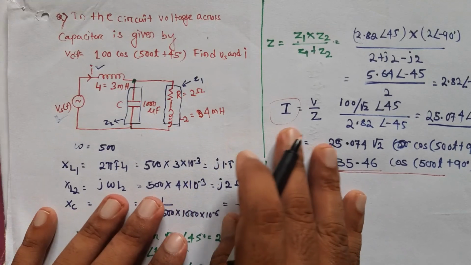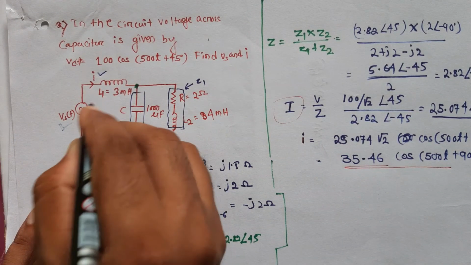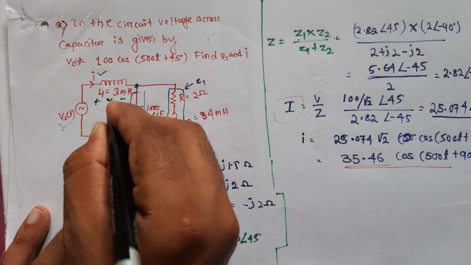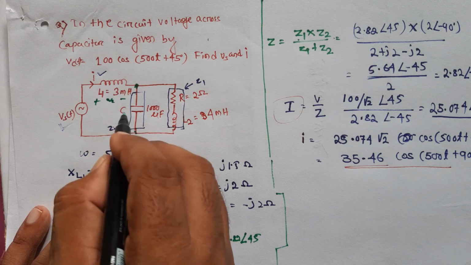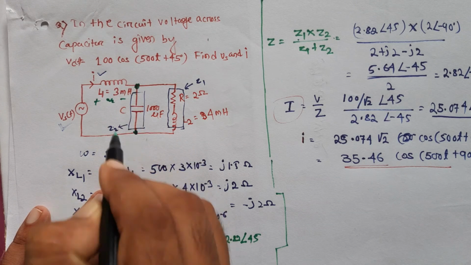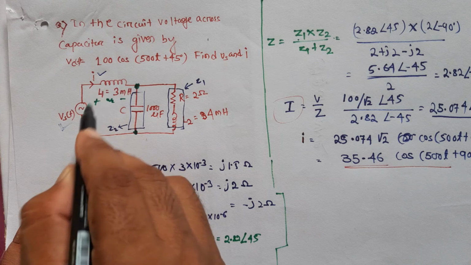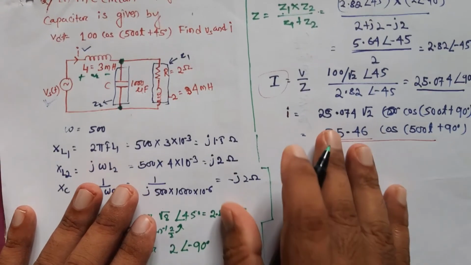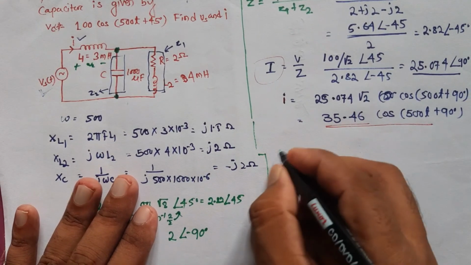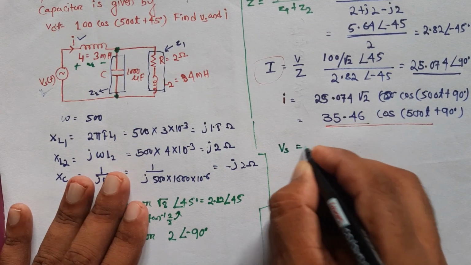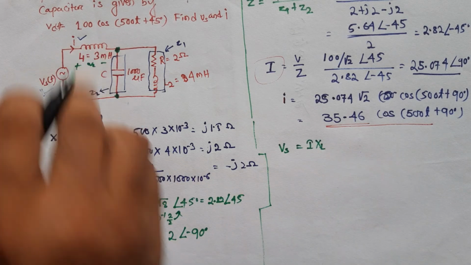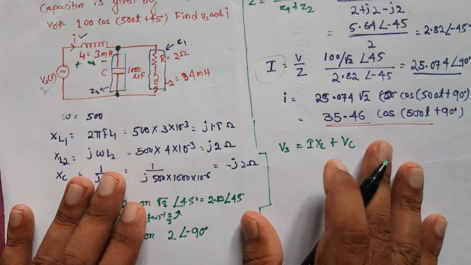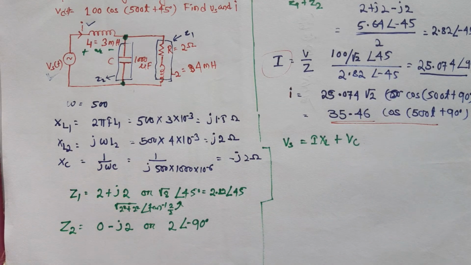We know the voltage is the voltage drop across VL and VC. So Vs is equal to I into XL, the voltage drop, plus Vc. Here we consider all as RMS, and after that we convert this to the instantaneous value.